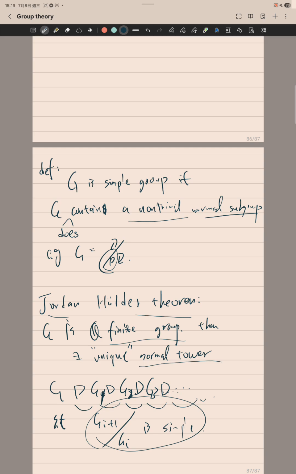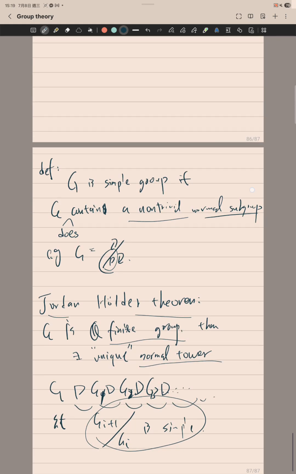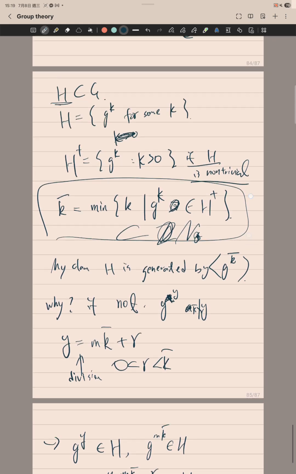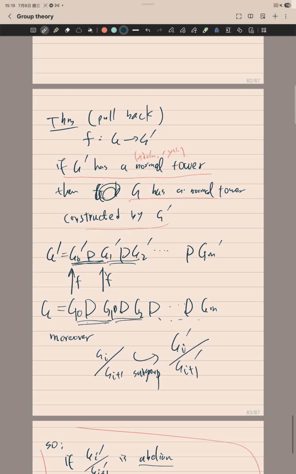So this is similar. It says that every finite group has a unique normal tower such that their quotients are simple groups. Okay. So, to prove this, we still require some other techniques, but it's already very close. See you guys next video.